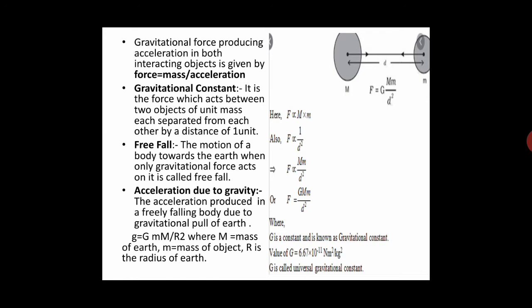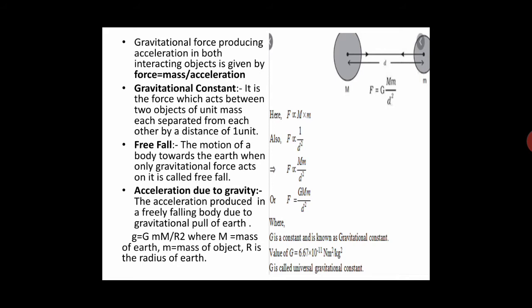So, equating the proportional constant, we get another constant, that is the gravitational constant, denoted by capital G. So, the formula is F is equal to G, M into m divided by d square, where the value of capital G is 6.67 into 10 raised to power minus 11 Newton meter square per kg square, which is very important from the formula point of view.